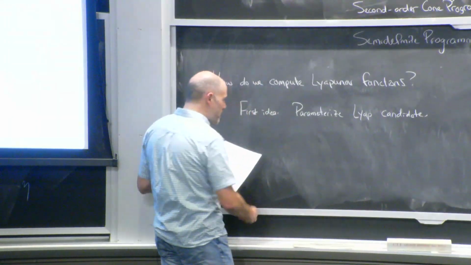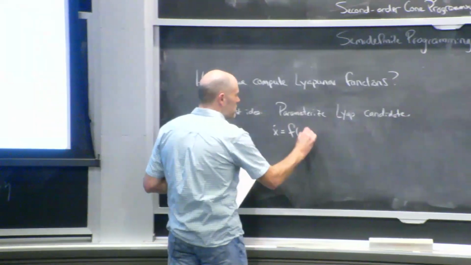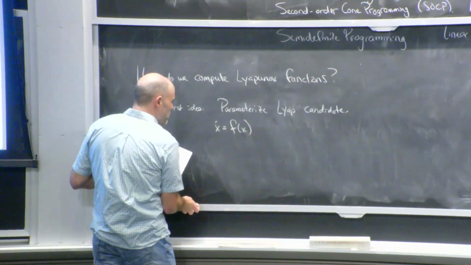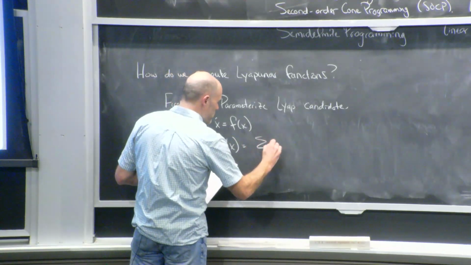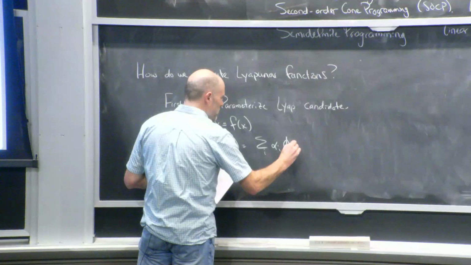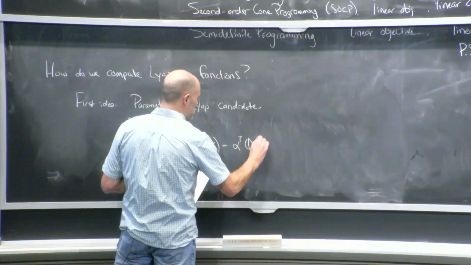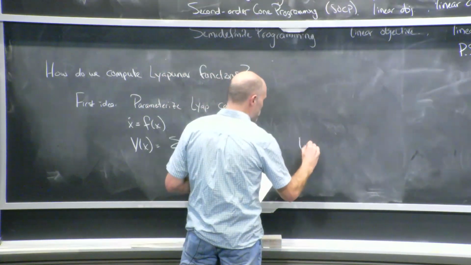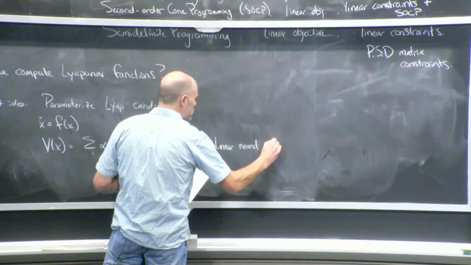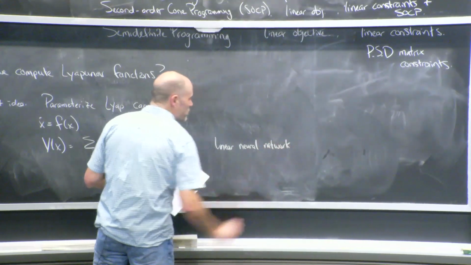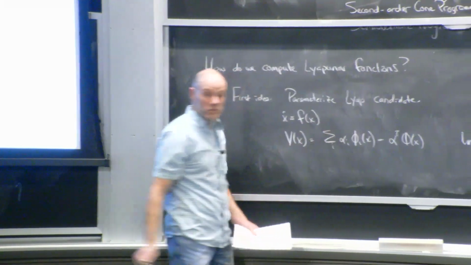All right, so we're going to parameterize a Lyapunov candidate. Let's say I have a dynamical system x dot equals f of x. Let's choose V of x as some combination of nonlinear basis functions. Call it a linear neural network, if you will. We'll restrict ourselves later to polynomial basis functions, but for now, these are arbitrary nonlinear basis functions.